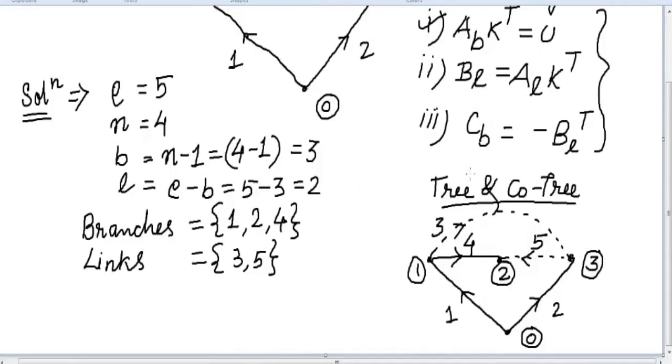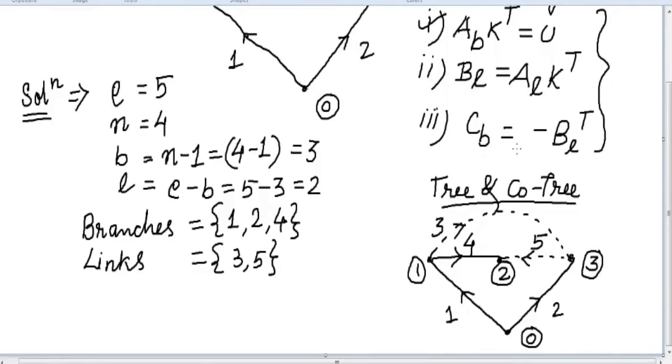Partition it. The upper portion will be CB, the lower portion will be CL, because the upper portion will always be for branches and the lower portion will always be for the links. In that way you will get CB. Then prove the third identity, that is CB is equal to minus BL transpose. So these two parts are homework for you.